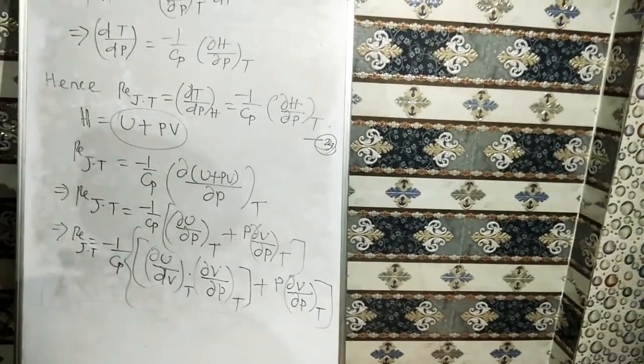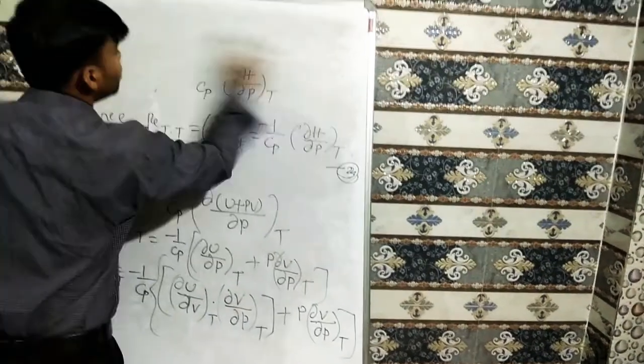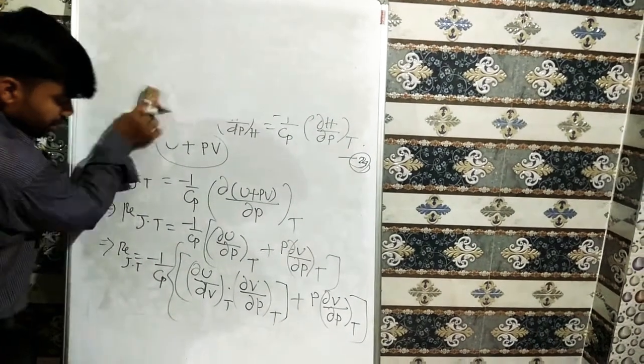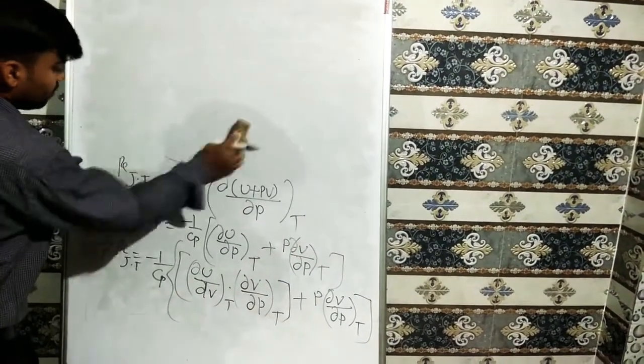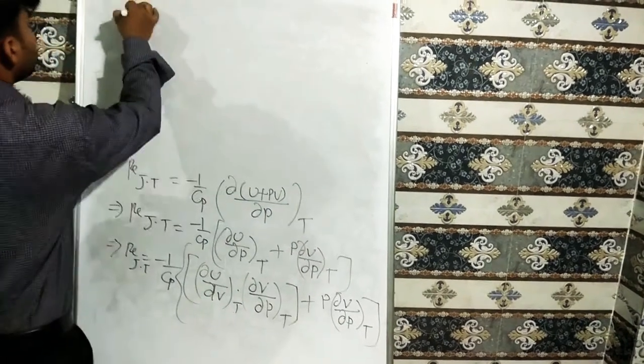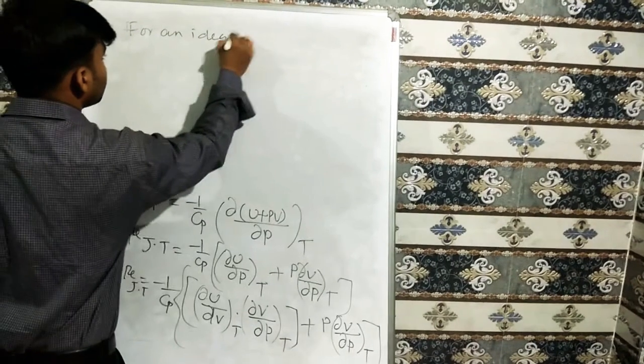Okay, but we know for an ideal gas, del U by del V at constant T is taken as 0.